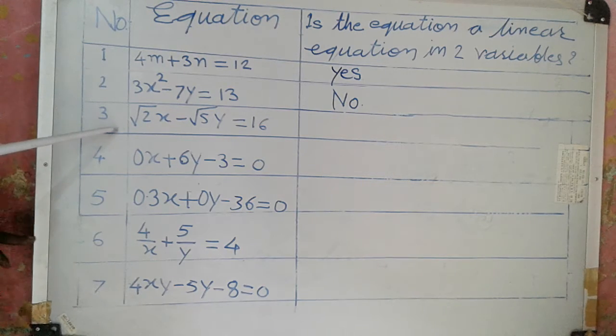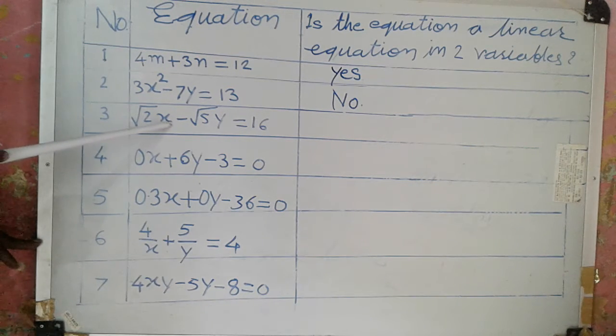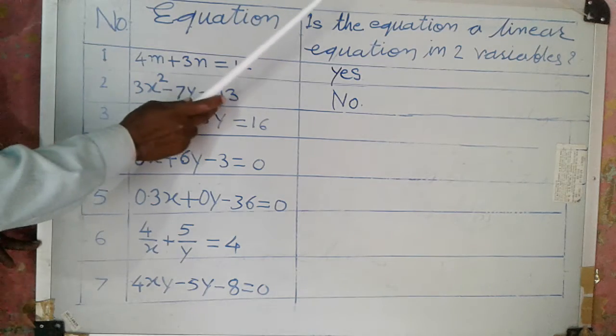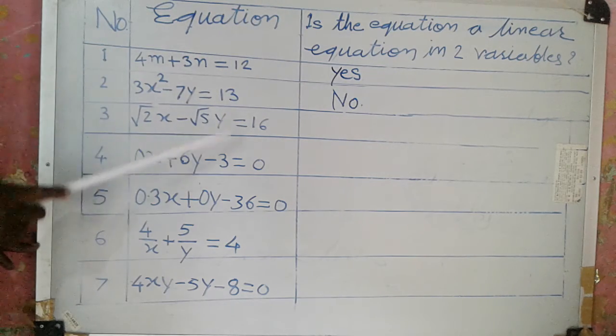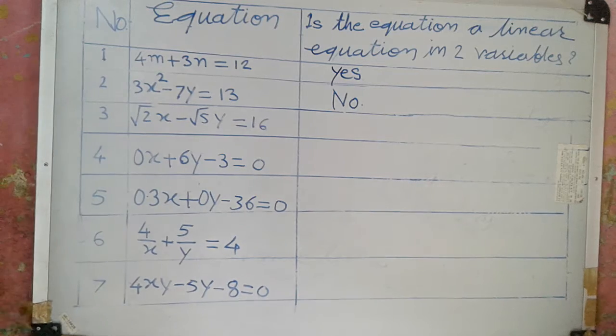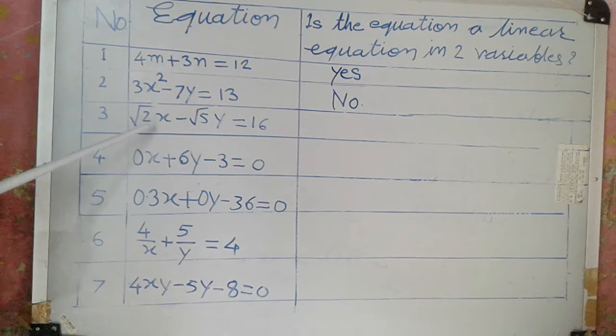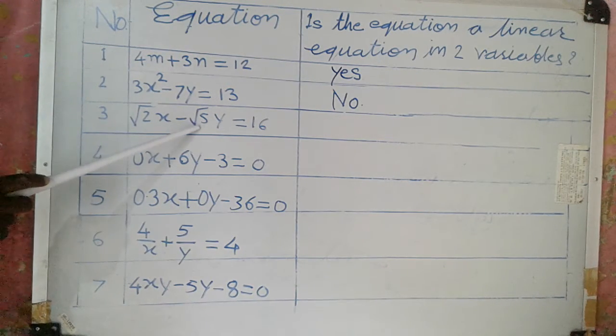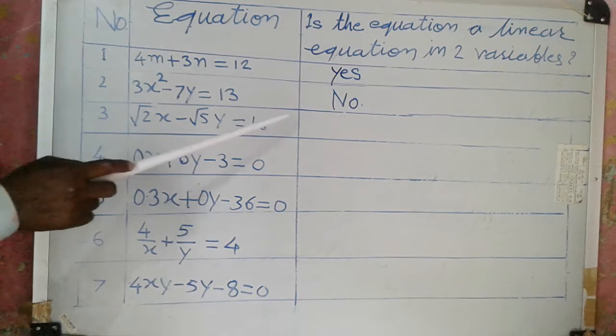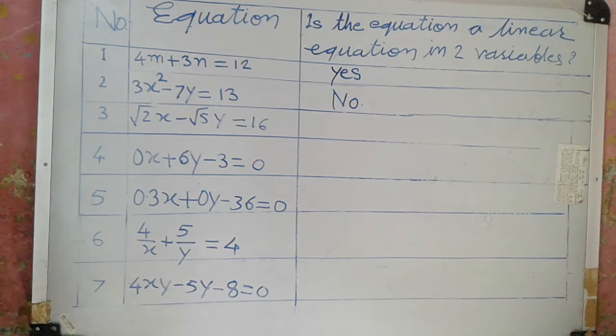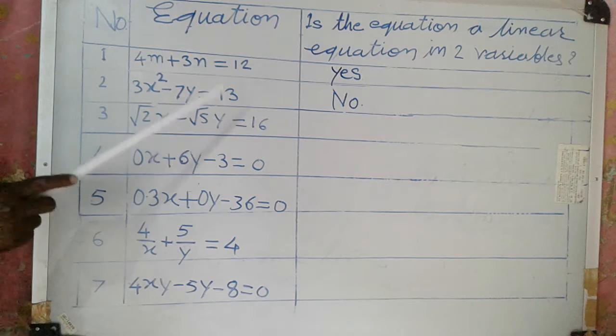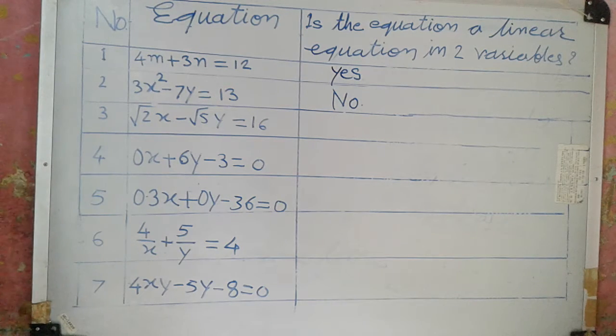Now the third equation, root 2 x minus root 5 y is equal to 16. Here root 2, minus root 5, 16 are real numbers. x and y are two variables.